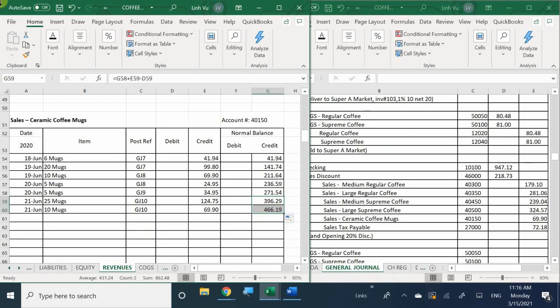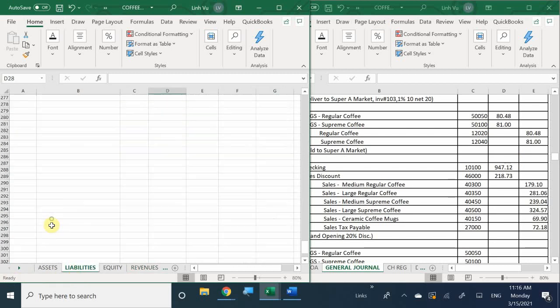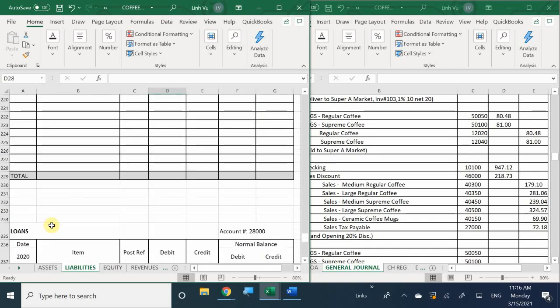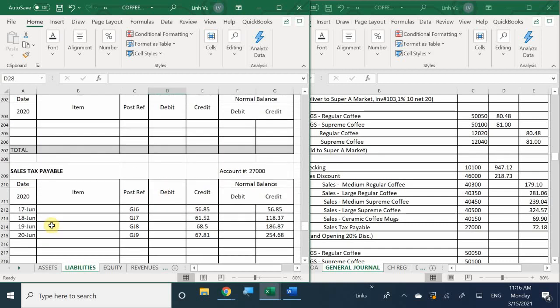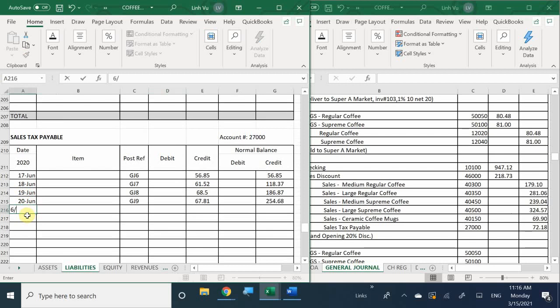And lastly, we have to deal with sales tax. So sales tax. All right, here we are, sales tax payable. For $72.18.